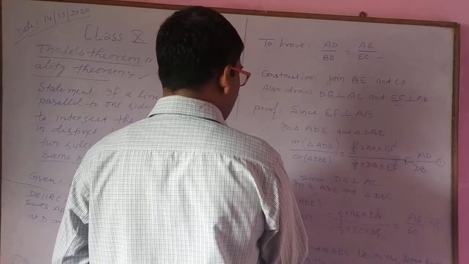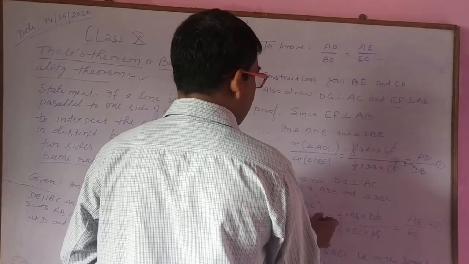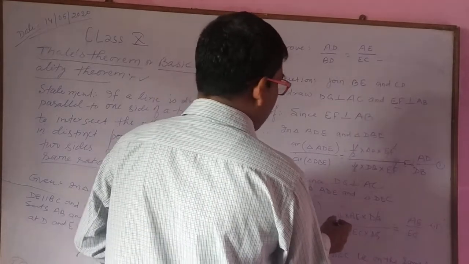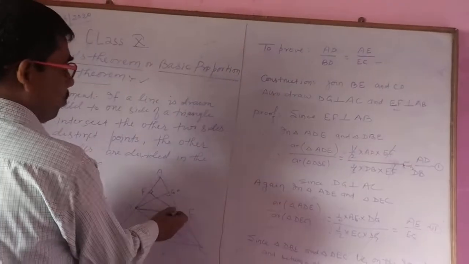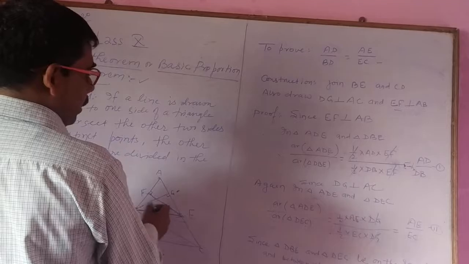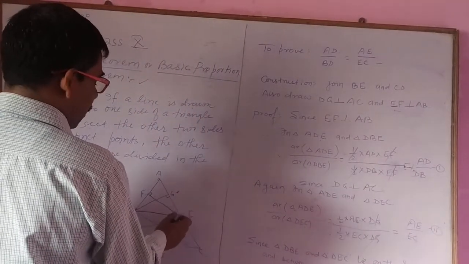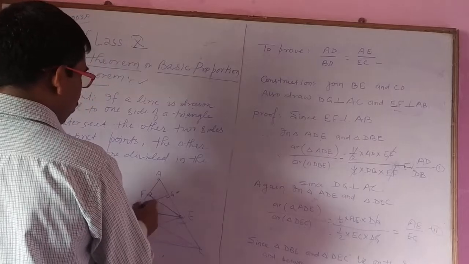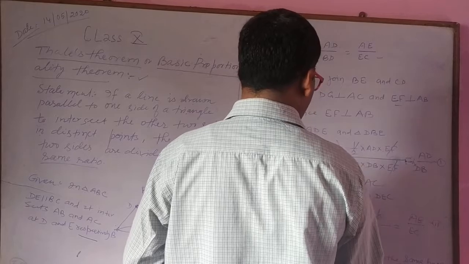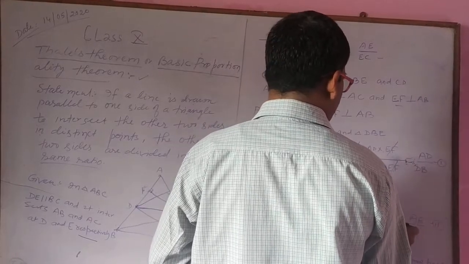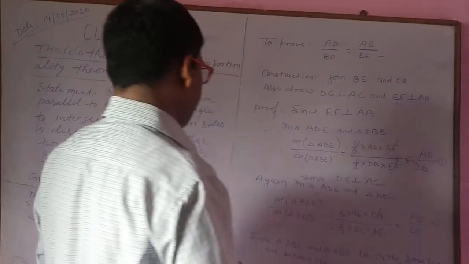Area of triangle ADE by area of triangle DEC equal to, using the area formula, half into base AE into DG divided by half into base EC into altitude DG. DG cancels, half cancels, then remaining AE by EC, consider as second equation.